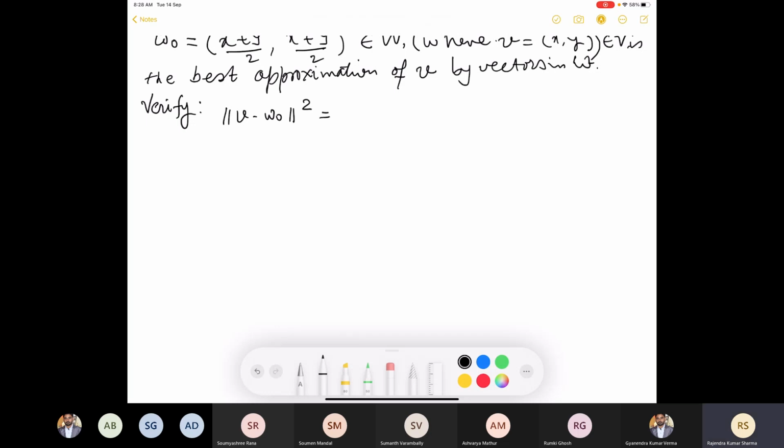This is the square of the norm: (x, y) minus w naught, where w naught is (x plus y) by 2, (x plus y) by 2, norm square. And this is x minus x by 2 minus y by 2, so this is (x minus y) by 2.